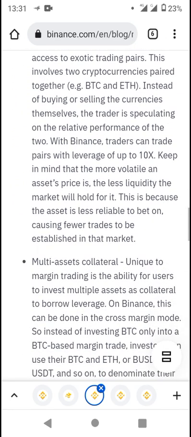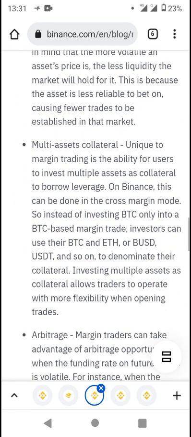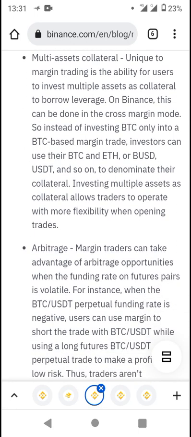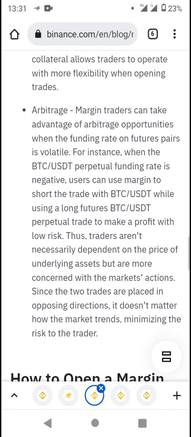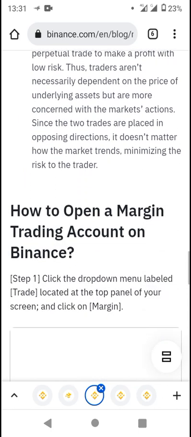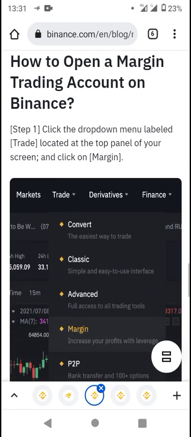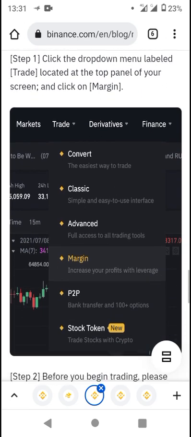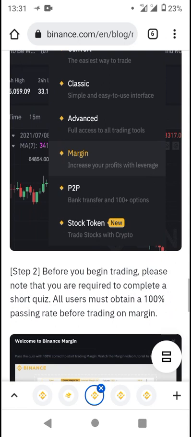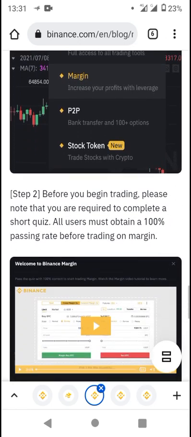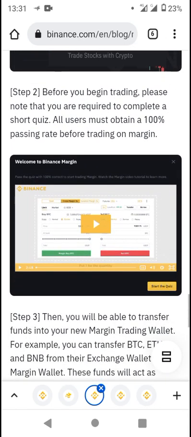Each has its individual leverage. The isolated account is very user-friendly and currently has the highest leverage, up to 10x, while for cross-margin accounts, users can enjoy up to 3x margin trade.